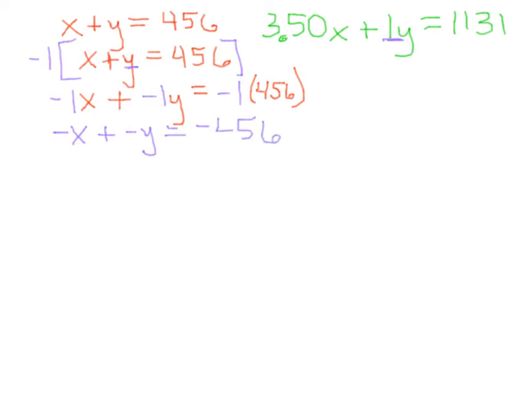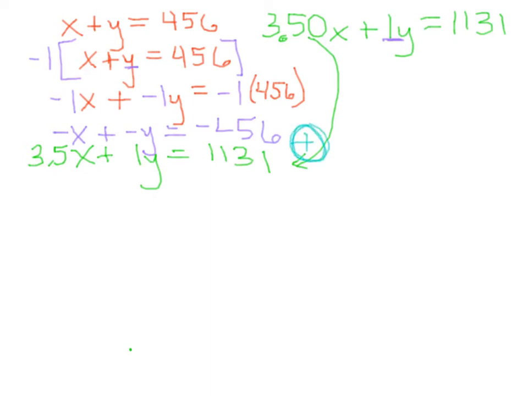Now let's bring the green one over and line them up. I get 3.5x plus 1y is equal to 11,031. Now we're going to add those two equations together.